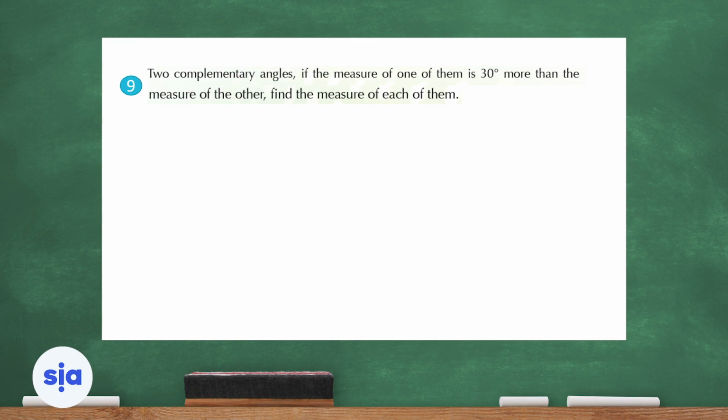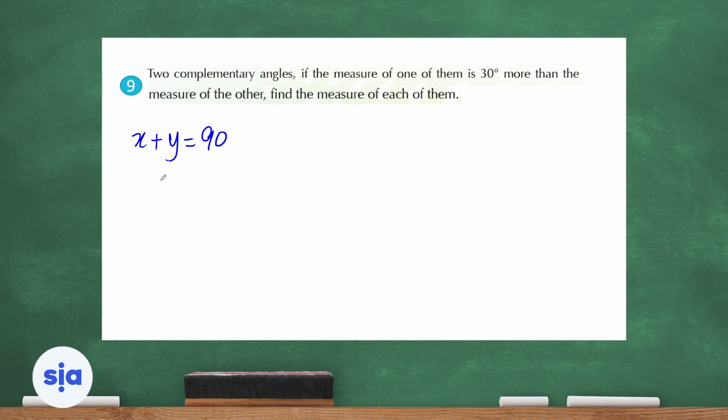Two complementary angles. So guys, remember, two complementary angles. Complementary means what? Their sum is 90. Excellent. So the two angles, x plus y equal 90.